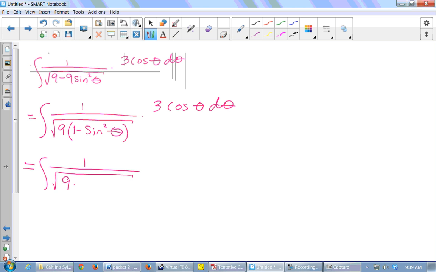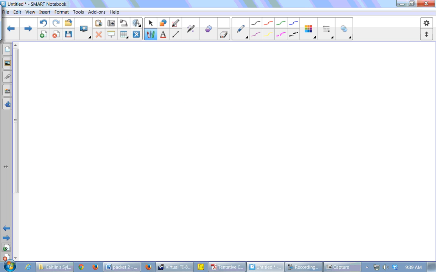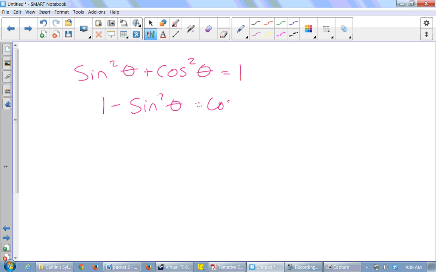One minus sine squared. There should be bells and lights flashing. Cosine squared. Yep. That's the Pythagorean identity. Sine squared plus cosine squared is 1. Right? So if sine squared plus cosine squared is 1, then 1 minus sine squared, just subtract a sine squared from both sides, and you get cosine squared.